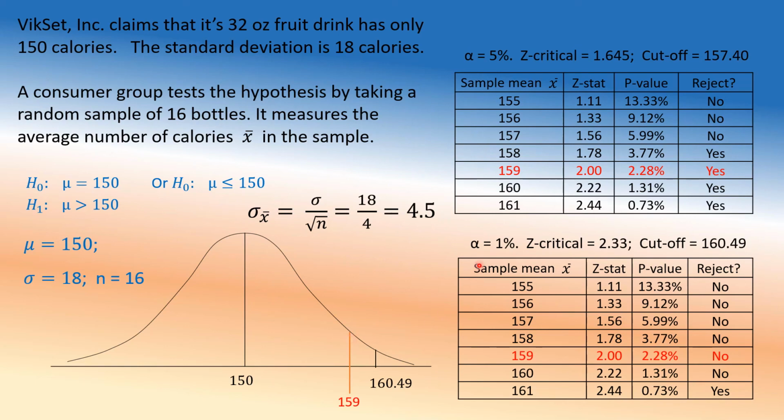But at 1%, for 159, they'd be saying we did a study, we took a sample, and we found the company is doing perfectly fine. The claim of 150 is perfectly fine. So what is right, what is wrong, really depends on how much risk you're going to take. That's exactly the whole hypothesis testing idea right here.